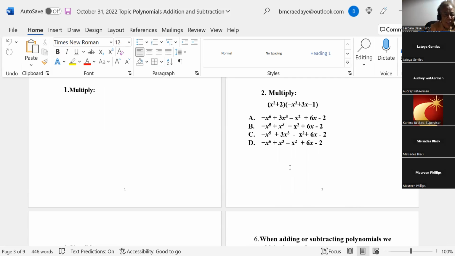How did you get A? Well, for this one, you'd have to multiply the x to the second times this whole expression, and then you have to multiply 2 times this expression, right?